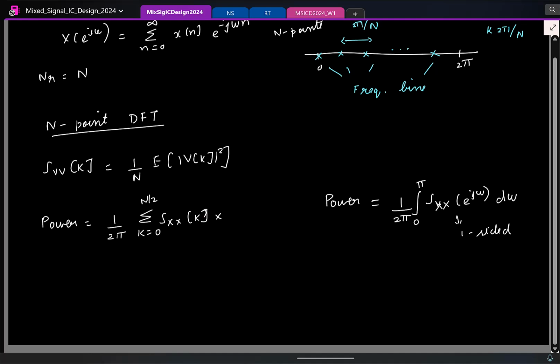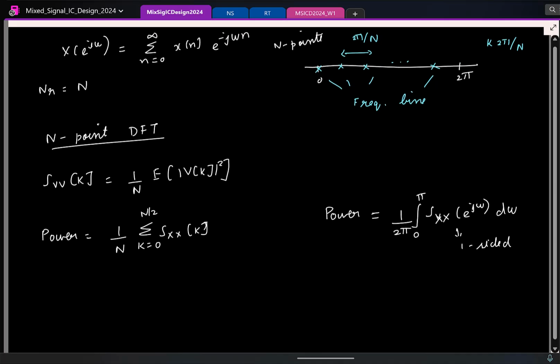What is d omega here? 2 pi by n. Fine, so that cancels the 2 pi here. So that's how you compute the power from the discrete power spectral density. You sum up all the bins and scale it by 1 by n. That gives the total power.